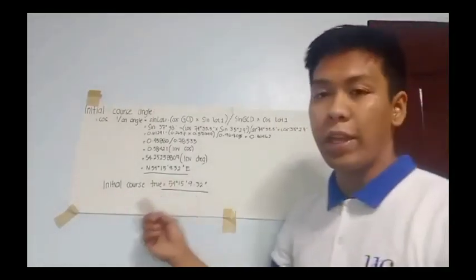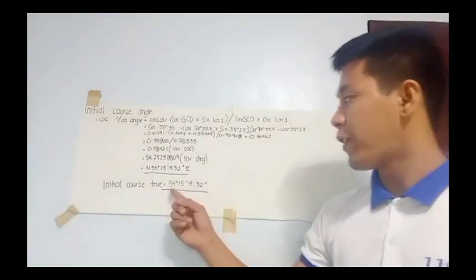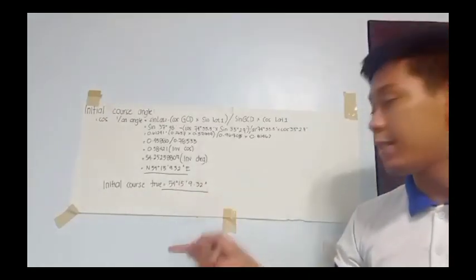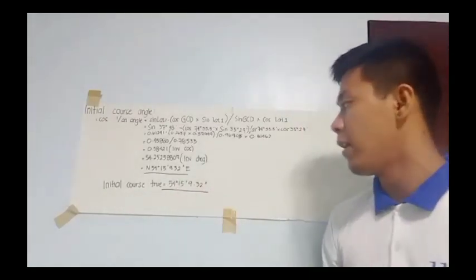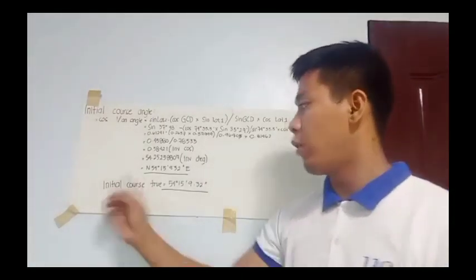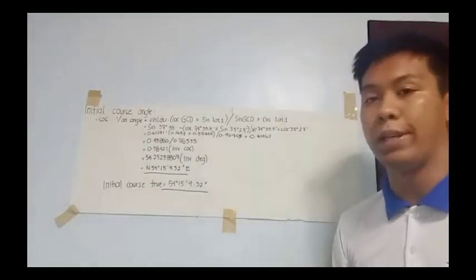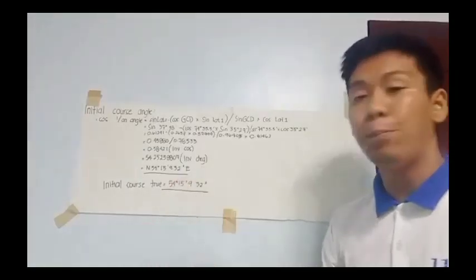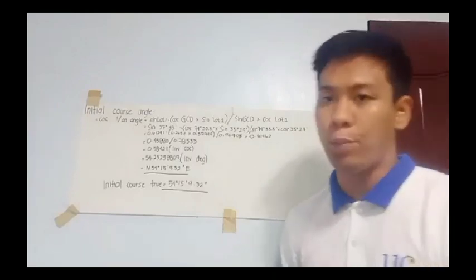So the value of the initial course true is 54 degrees, 15 minutes and 9.32 seconds. Let me repeat, the value of initial course true is 54 degrees 15 minutes and 9.32 seconds, and that could be all.